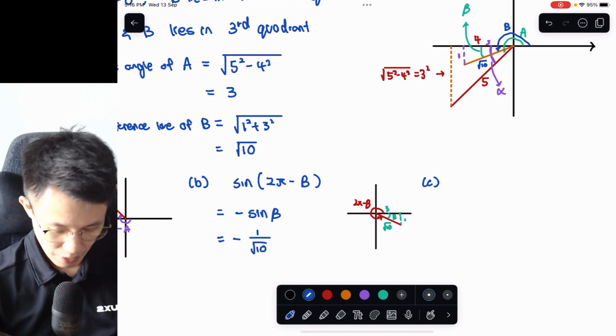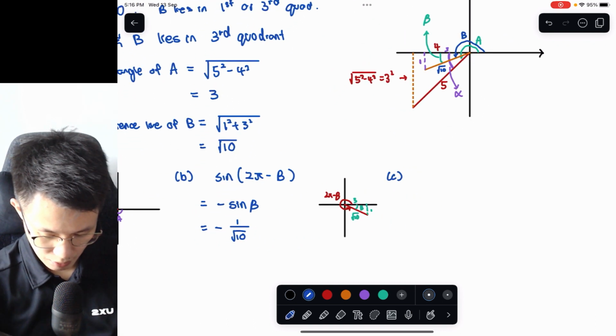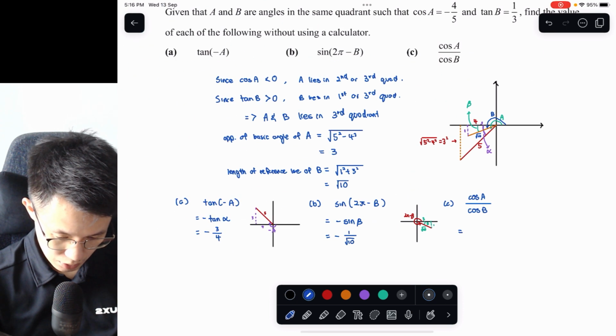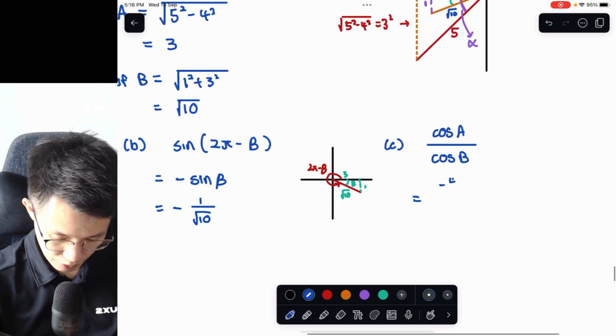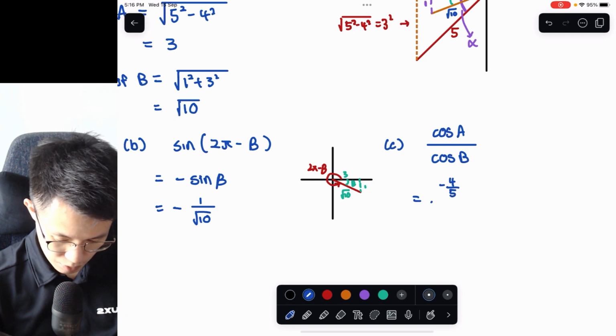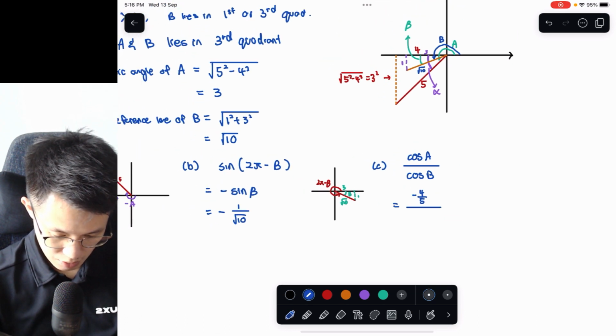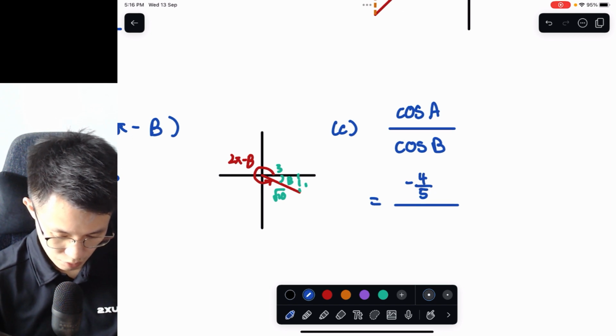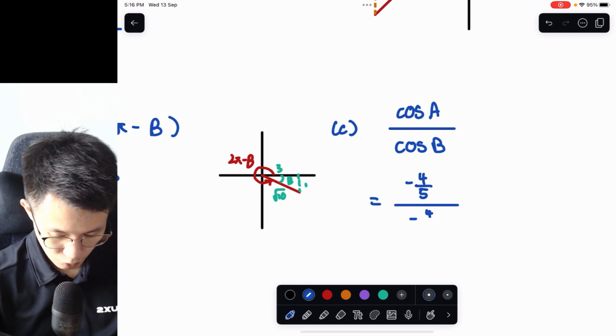Last but not least, part C, cosine A over cosine B. This is pretty simple because we already have all the values. Cosine A will simply be negative 4 over 5. We want to find cosine B. Cosine B is adjacent over hypotenuse, and also lying in the third quadrant, it will be negative 4 over square root 10.